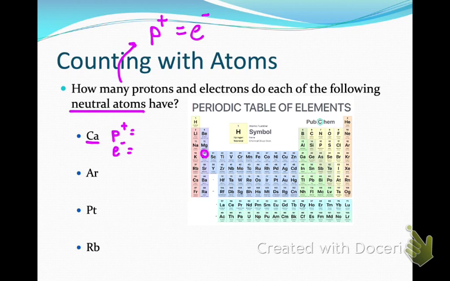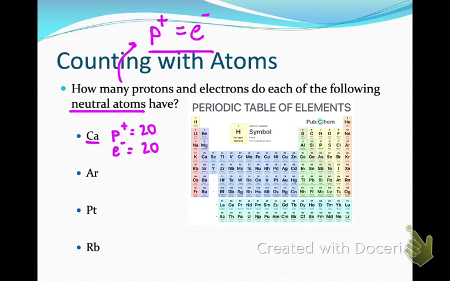The atomic number for calcium is 20, which means it has to have 20 protons. Now, if my atom is neutral, I know that my number of protons has to equal my number of electrons, and so that means my electrons must also be 20.